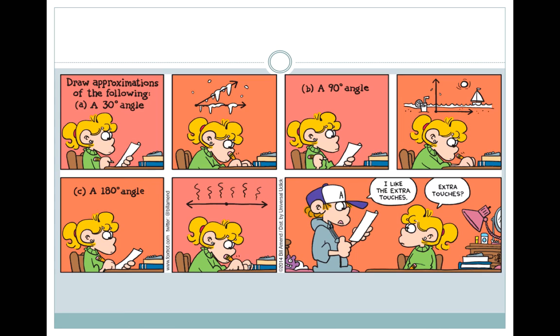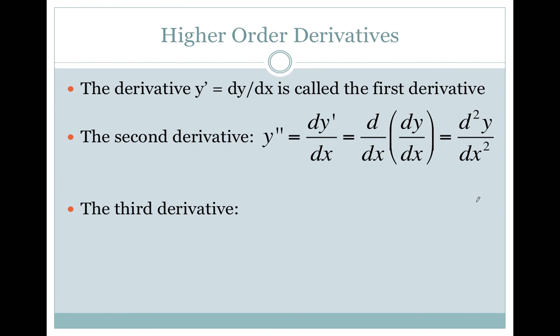We say the third derivative would be y with 3 primes on it. We would say it would be dy double prime. It would be the derivative of the second derivative.